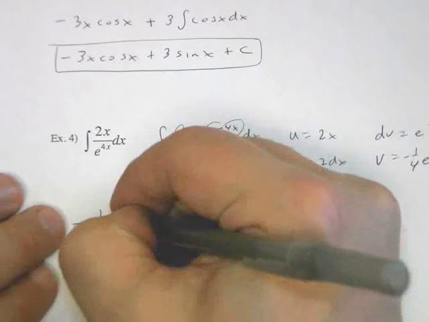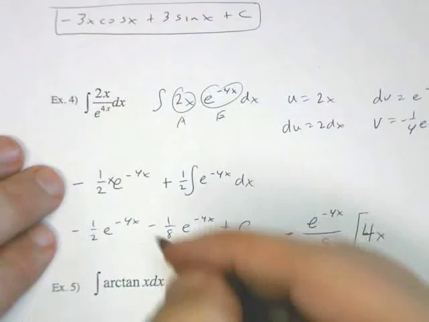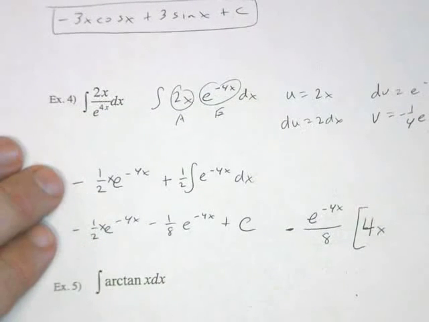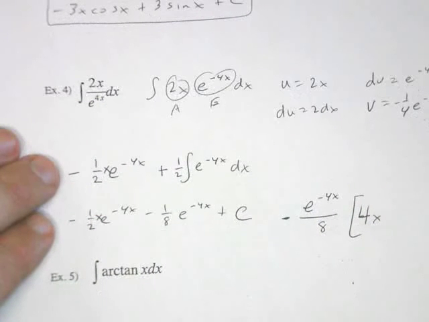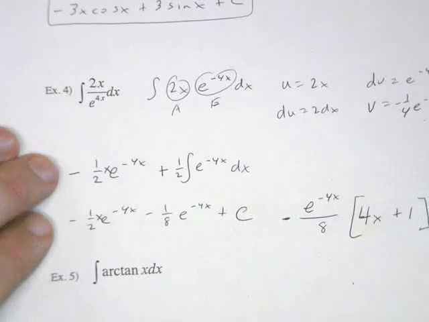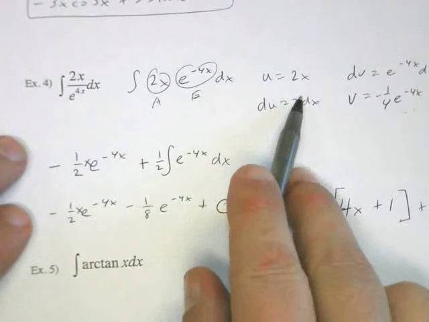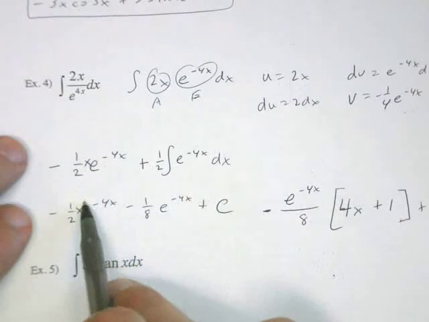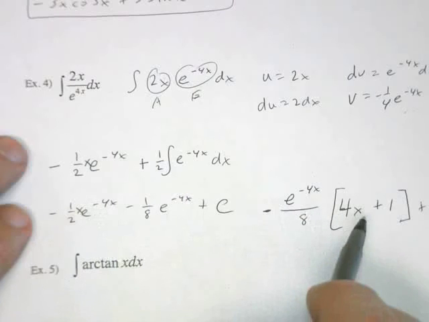So there's going to be an x there, which means there's an x there. So that's how I got that 4x right there when I took out the negative 1/8 and the e to the negative 4x. And then plus 1 plus c. So again, back there when I did u times v, I left off that x right there. So that should be there, and then when I factor out, I have an x left right there.